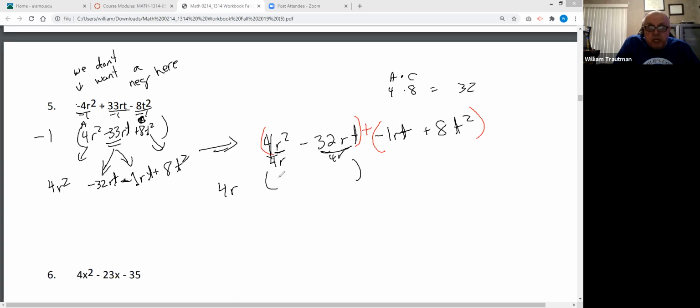R squared divided by R is R. I'm just going to leave it as R. -32 divided by 4 is a -8. The R's cancel, and then we have a T here.